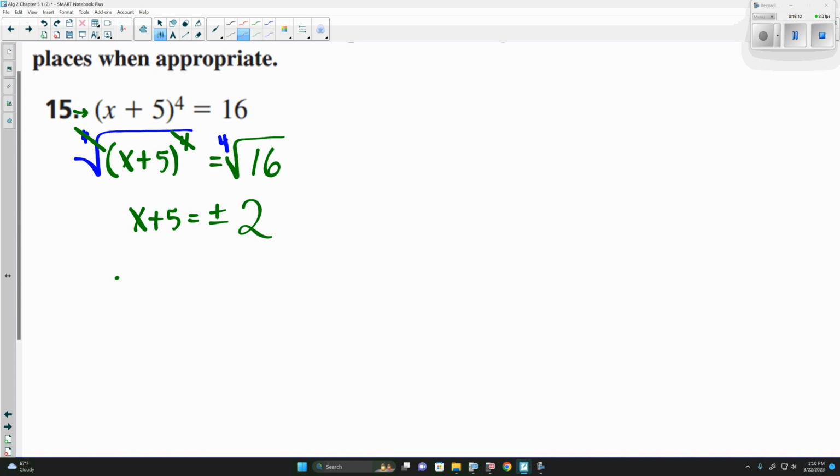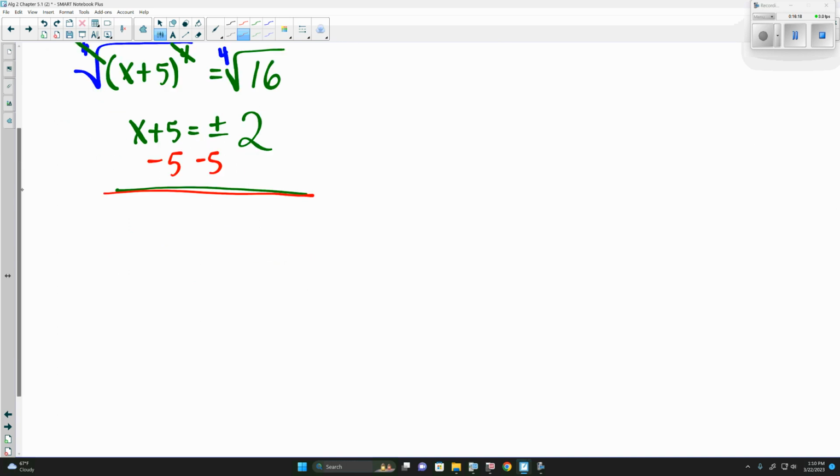Is the variable by itself? Yes. So we need to subtract 5 from both sides. Minus x is equal to negative 5 plus or minus 2. Can we add and subtract negative 5 and 2? Because what is negative 5 plus 2?